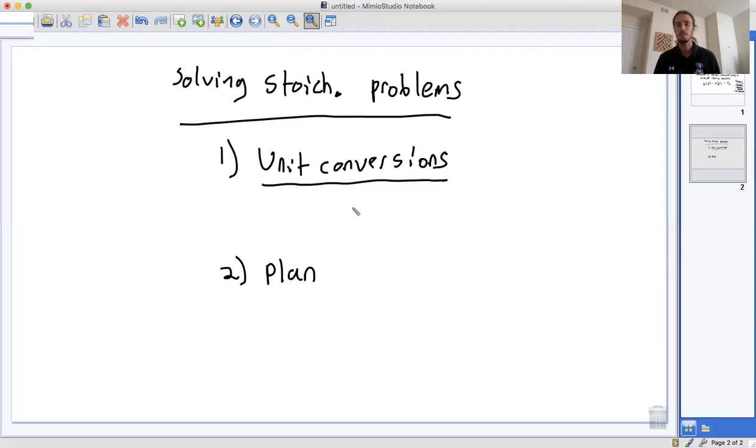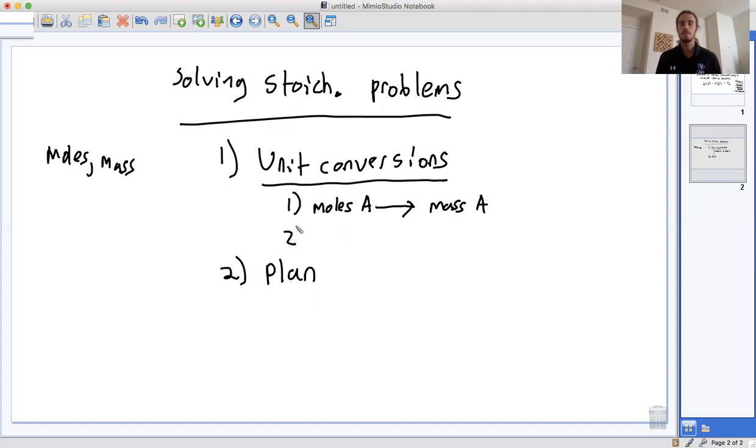In terms of unit conversions, if we're working with moles and mass, the first thing you're going to have to be able to do is convert between moles of something, moles of A, and the mass.